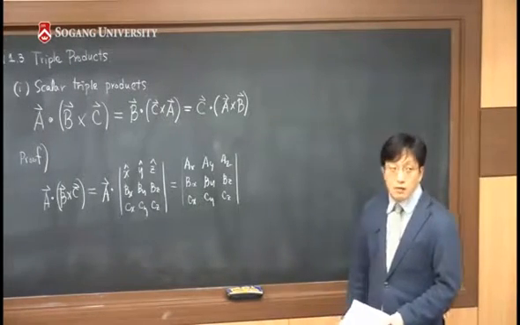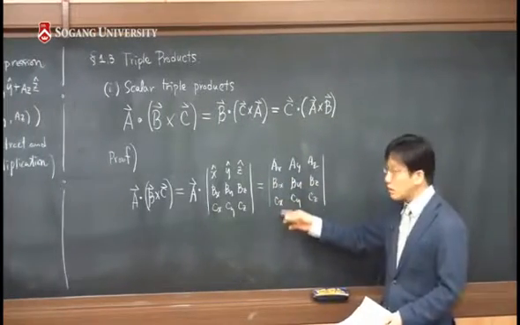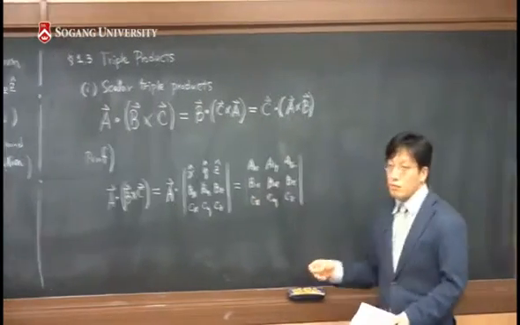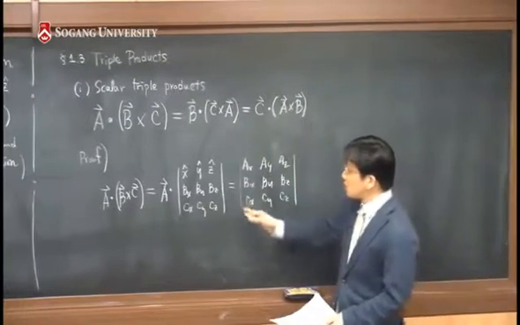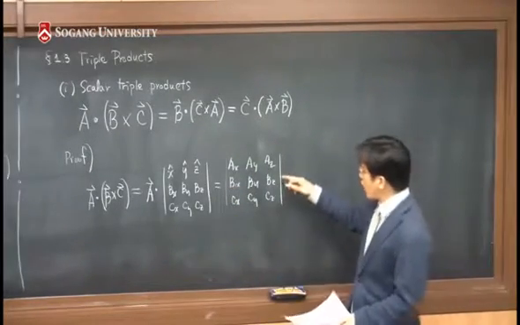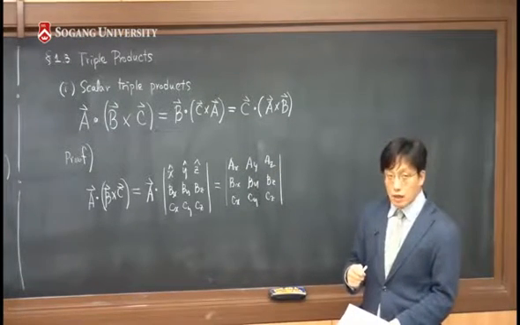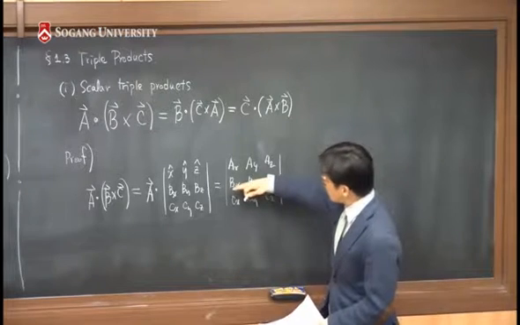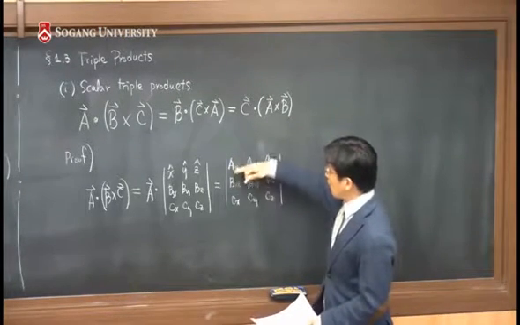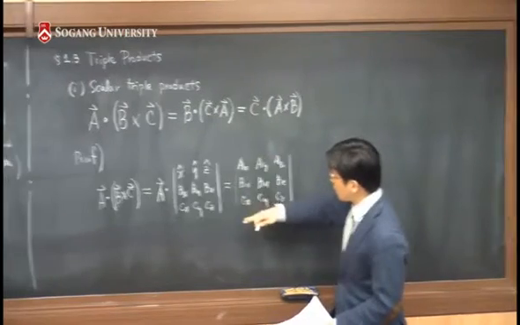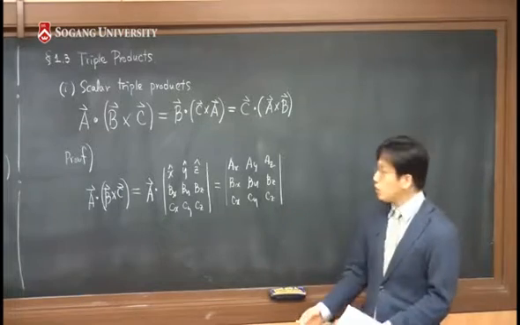And if we use the property of the determinant of a 3 by 3 matrix, that the determinant does not change as you permute the rows in a sequential way. Okay? So if you shift B into the first row, and then C into the second row, and if you move the first row to the bottom, then the resulting determinant will be equivalent.